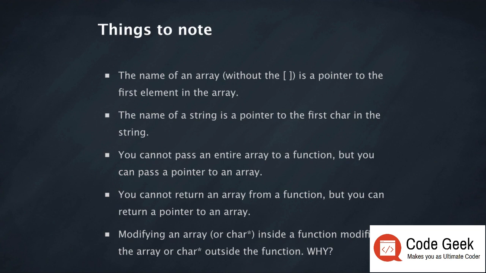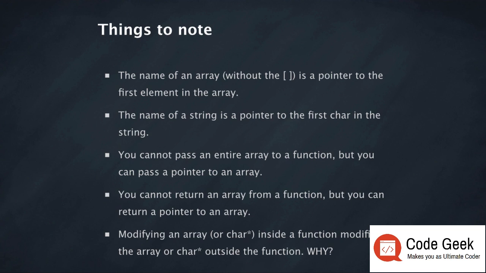All right, some things to note about pointers and functions. First of all, generally, the name of an array without the square brackets is a pointer to the first element of the array. Just accept that. That is the way it is. The name of a string, a char star variable, is a pointer to the first character in the string. Just accept that. It is true forever.